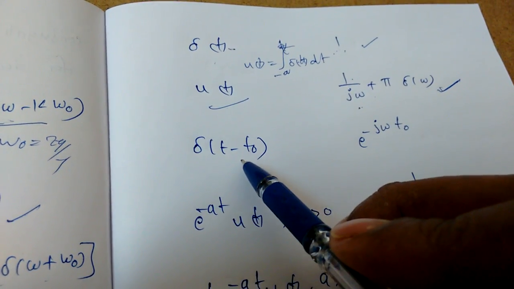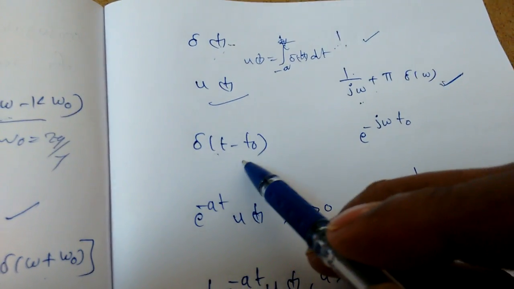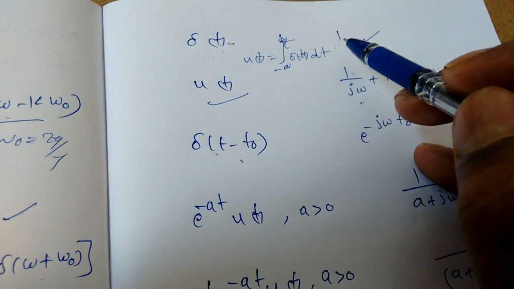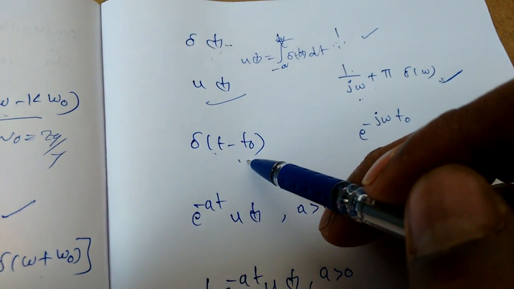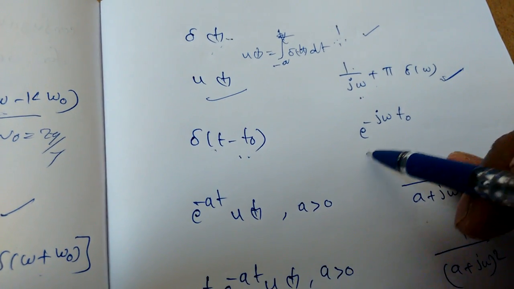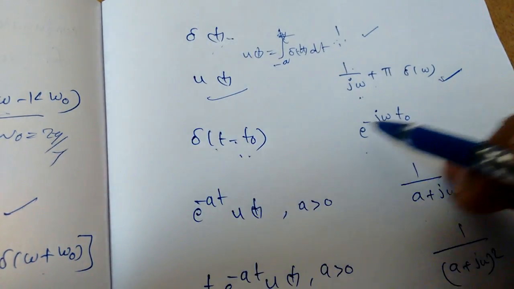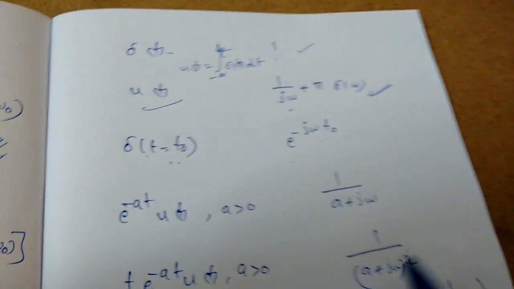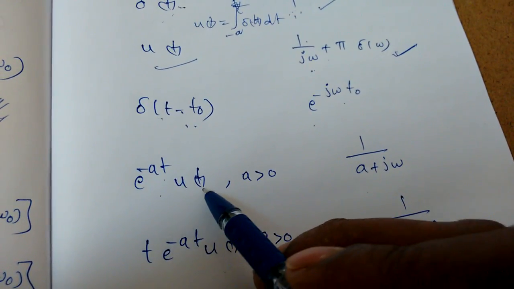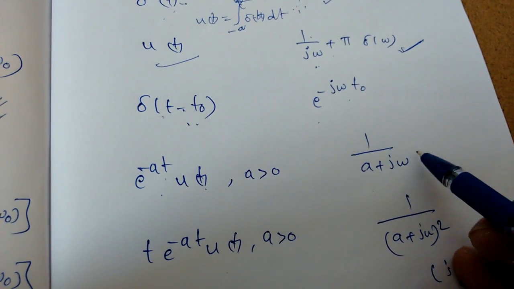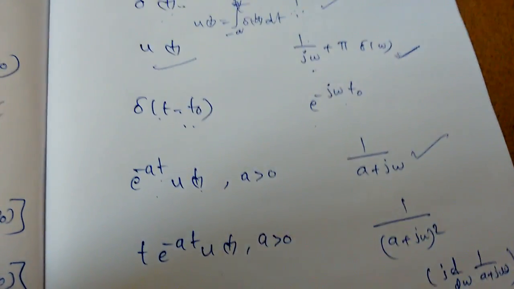Now if I shift this delta function, δ(t minus t₀), the delta Fourier transform is 1. If I shift in time, we will get e^(minus jωt₀). See, the notation is the same, and it is time shifting. Similarly, if e^(minus at) u(t) is there, it is nothing but 1 by (a plus jω). We have already discussed.